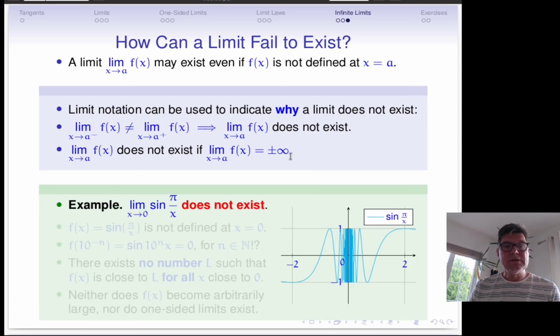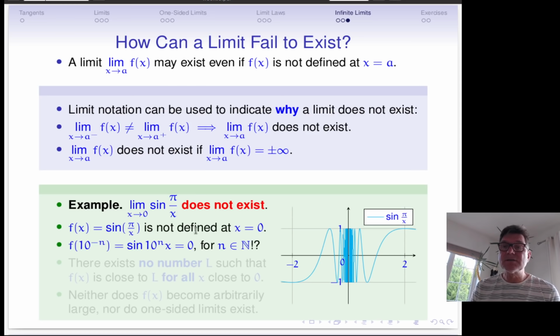And finally, the limit can fail to exist if there's no specific value that the function approaches, as in this example of the limit as x goes to 0 of sine of pi over x. First of all, because we're not allowed to divide by 0, this function is not defined at x equal to 0, but that doesn't matter for the limit consideration.